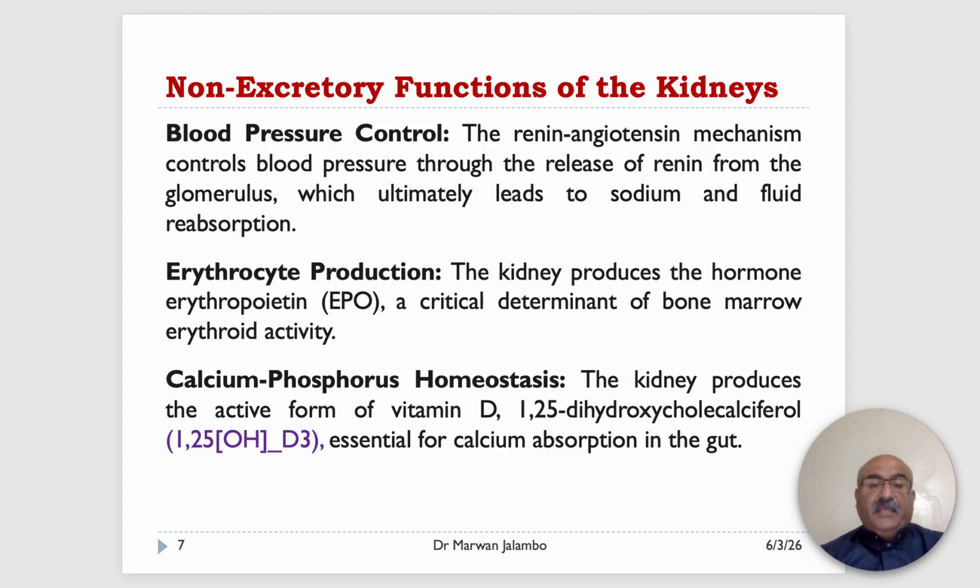Furthermore, the kidney plays a massive role in bone health by producing the active form of vitamin D, 1,25-dihydroxycholecalciferol, which is absolutely necessary for the gut to absorb calcium efficiently. When these functions fail, we see specific diseases emerge. Let's overview them in the next slide.